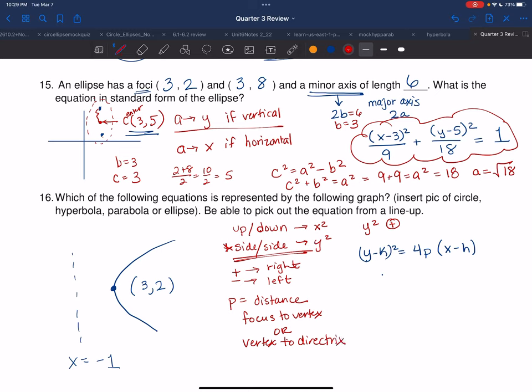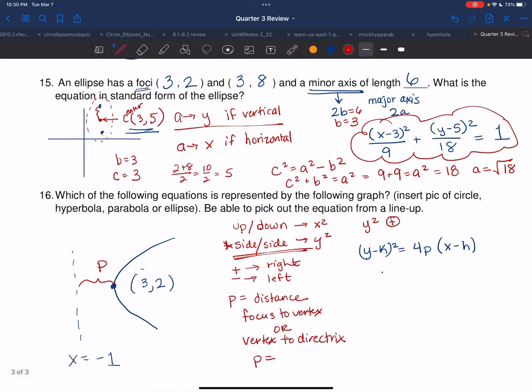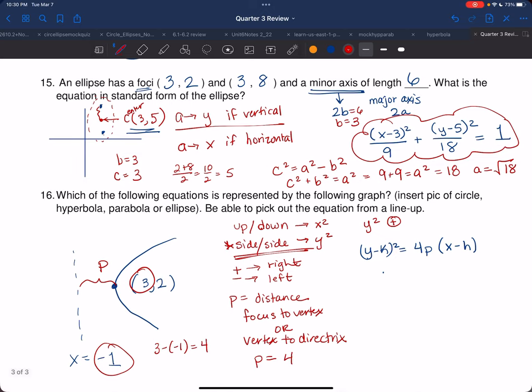Okay, so in this case, I have the distance from the directrix to my vertex, and that's going to be p. So if p is equal to, I have 3, and then I have -1. So 3 minus a -1 gives me a value of 4. So p is equal to 4. I'm looking for the distance between there, right? This is x equals -1. That's x equals 3. The difference between there is 4.